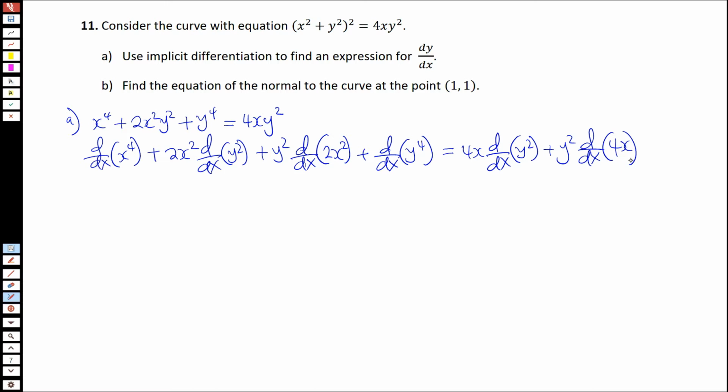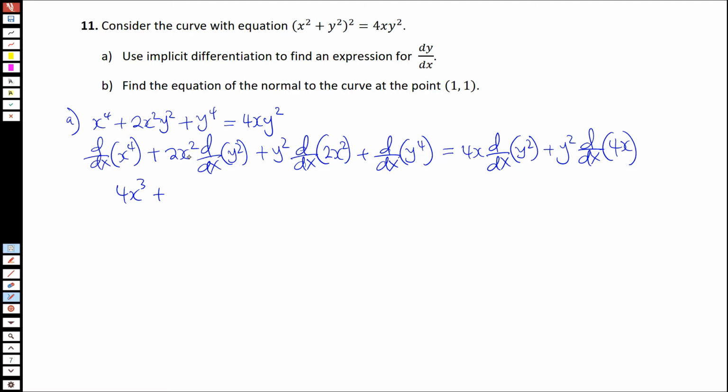Okay, now if we find these derivatives here, we'll have 4x cubed plus, so this will be 2y dy over dx.